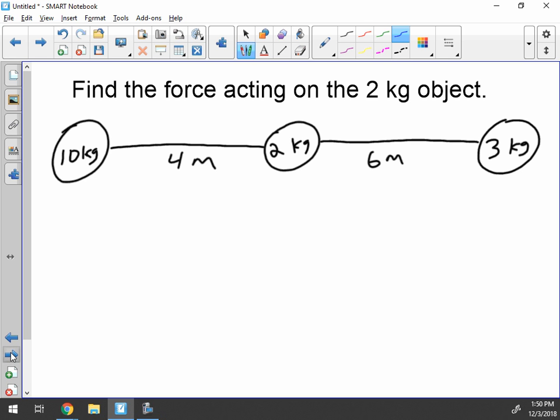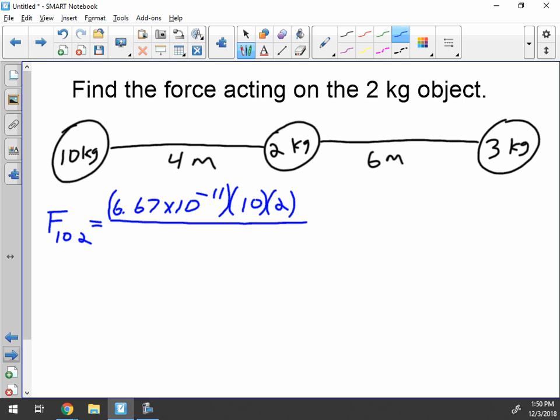So I'm going to use the same equation. I'm going to say the force of gravity between object 10 and object 2. So I'll put 10 with a little space and a 2. So the force between those two will be big G, 6.67 times 10 to the negative 11, times my two masses divided by my r squared.